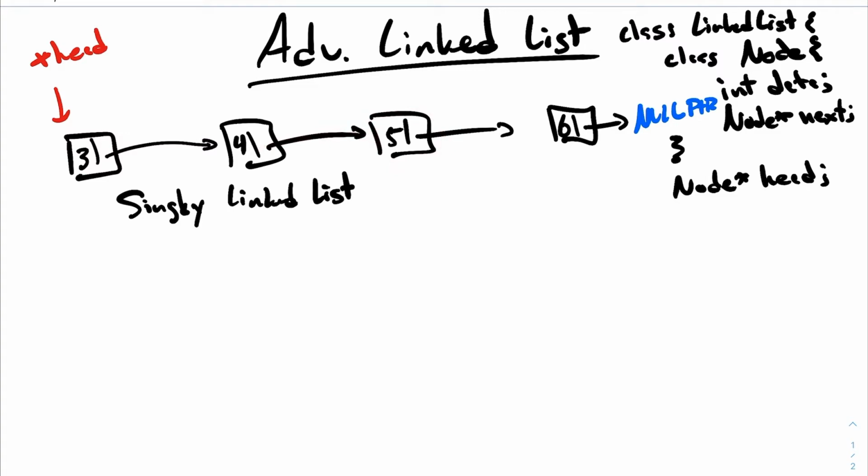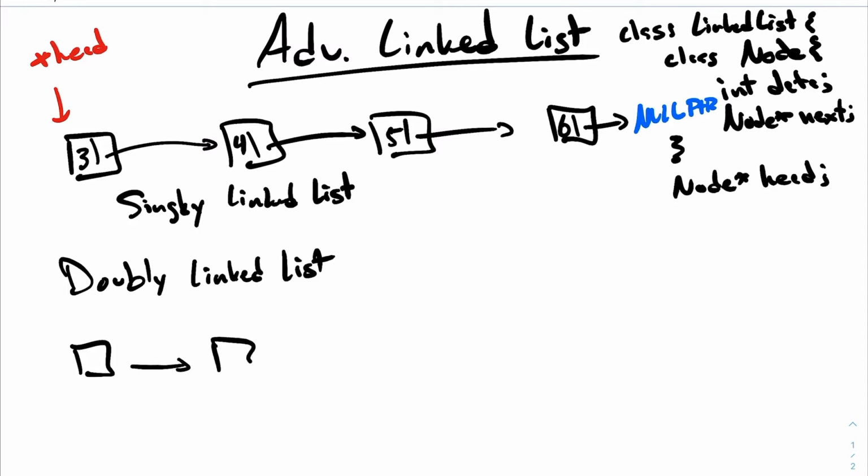And that's called a doubly linked list. Doubly. It looks wrong. It's probably wrong. Someone check me. So a doubly linked list looks something like this in memory, right? So here's our values: 3, 4, 5, 6, right?